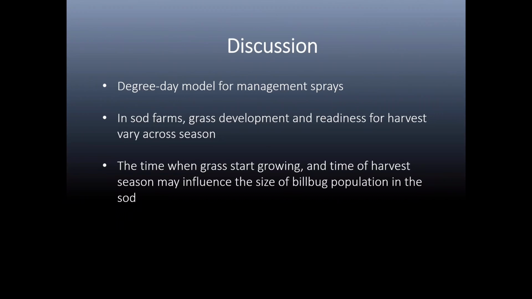So that's why more overlapping generations are a possibility here with regard to billbugs in Georgia, especially in the central Georgia conditions, because things can vary as we go north and also as we go south. So we might see more activity and more generations are possible because of the conditions. It's much warmer there, so things can be different there.